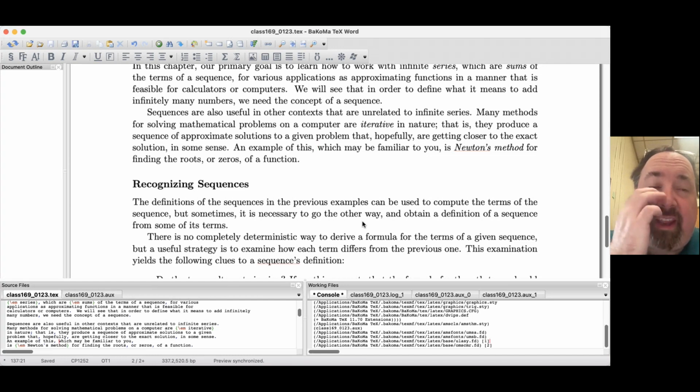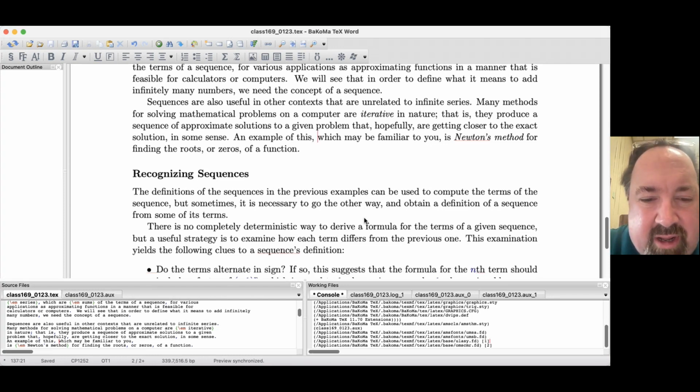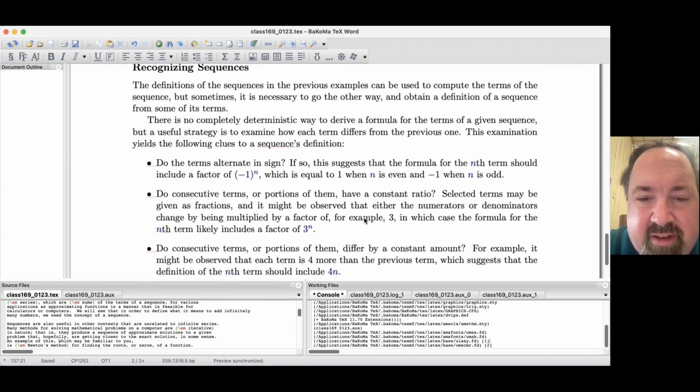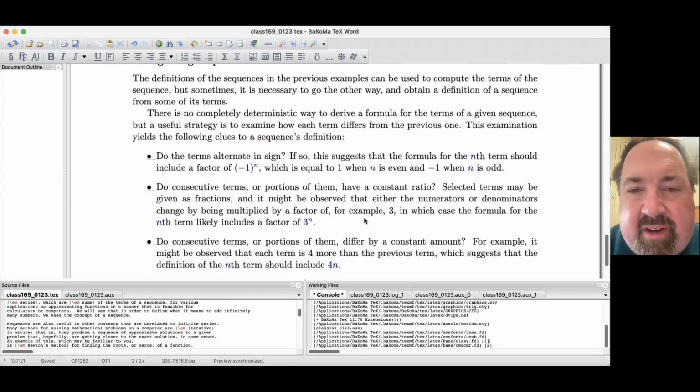Now, given any old selection of numbers, it can be quite difficult in some cases to figure out what sequence they described. But there are some tips that I can give you, and then that'll help with whatever homework problems we have in this area, and then I'll go through a few examples.